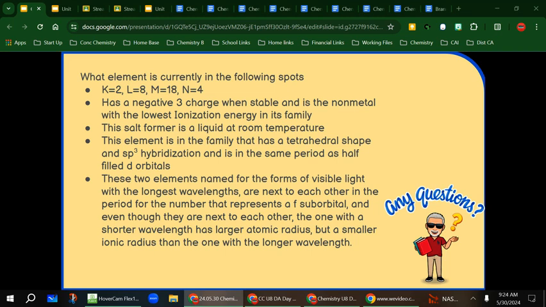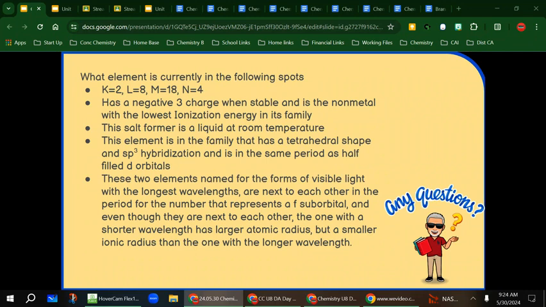Questions? Wait, how did you find the F suborbital? How did you find what period that was? Because remember, quantum numbers are all numbers. The second quantum number, which represents the S, the P, the D, and the F, goes 0; 0 and 1; 0, 1 and 2; 0, 1, 2, and 3. 0 represents an S suborbital, 1 represents a P suborbital, 2 represents a D suborbital, and 3 represents an F suborbital.